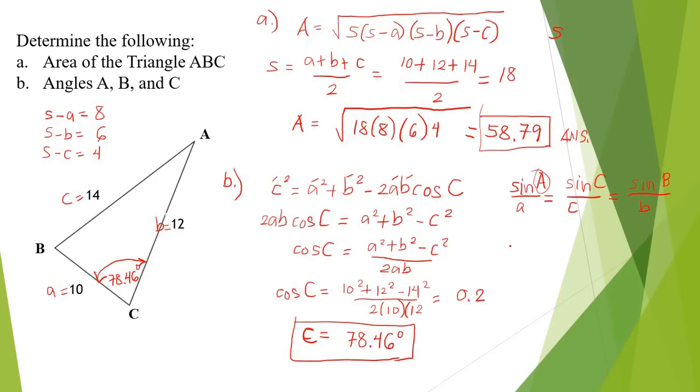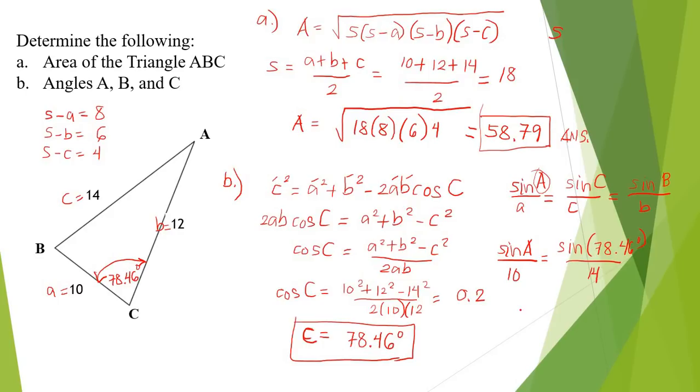So we have sine A over A, which is 10, is equal to sine of 78.46 over C, which is 14.